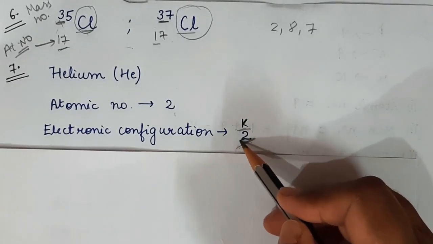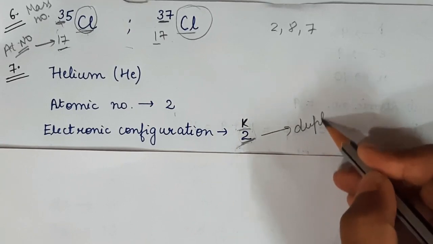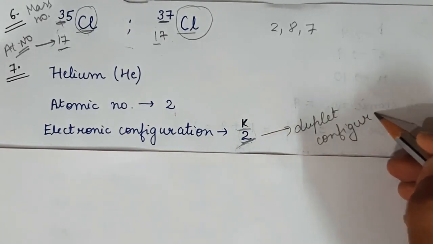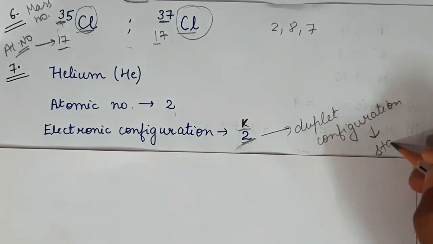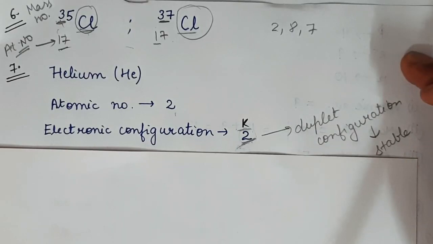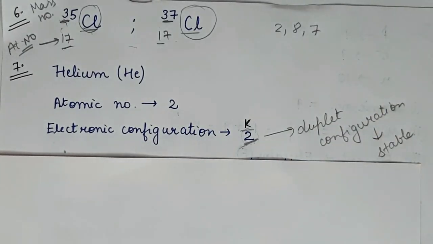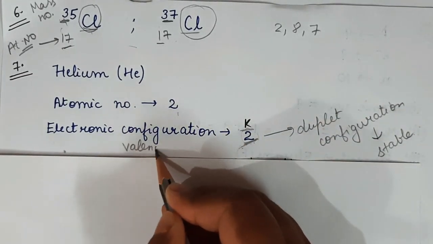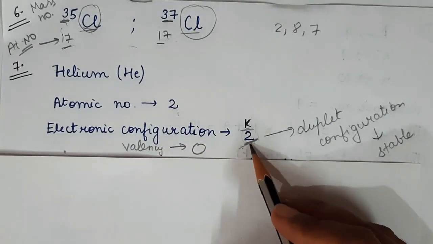The first shell is 2, which means it has a doublet configuration. So it is already stable. So what will be the valency? Valency will be 0, because it is already stable.